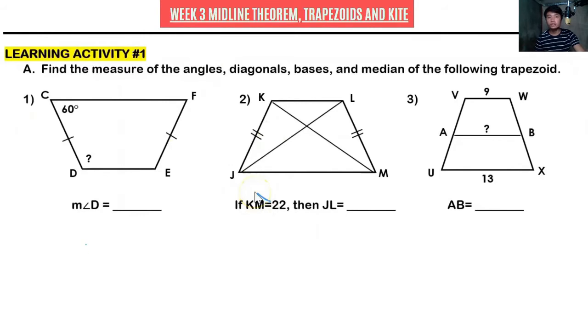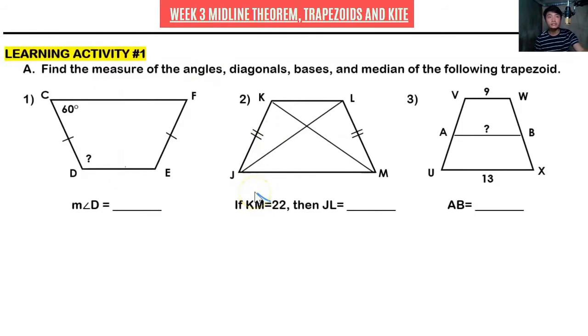Ang clue natin dito, this is an isosceles trapezoid. Nakita niyo yung marking na yan? Okay. So, paano natin mahanap si isosceles trapezoid? Gagamit tayo ng mga theorem. Ano ba yung theorem ni isosceles trapezoids? Base angles are congruent.